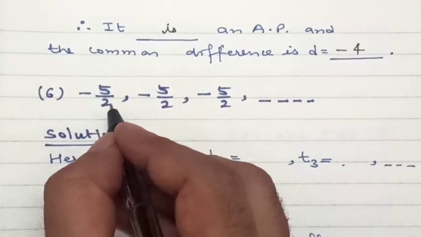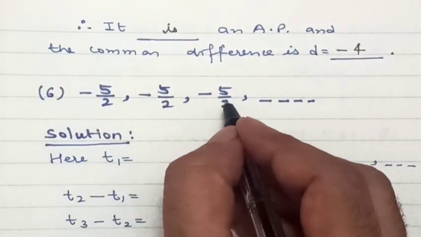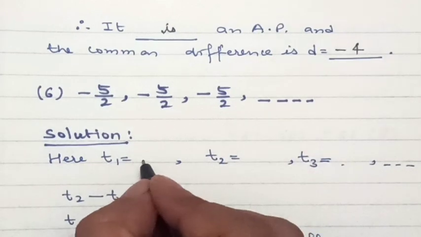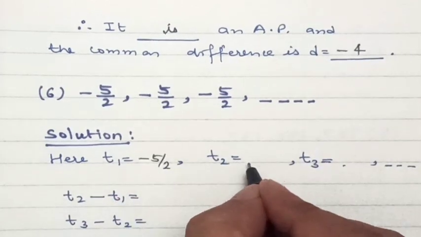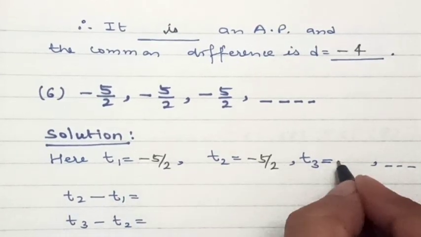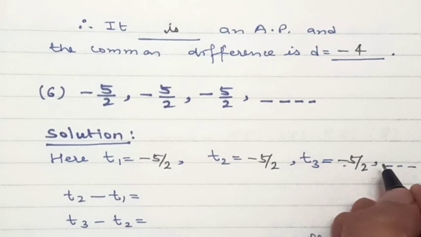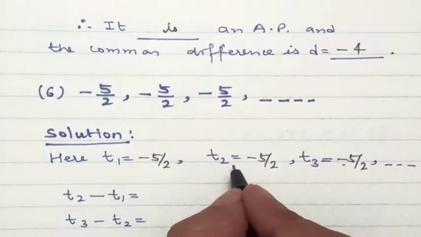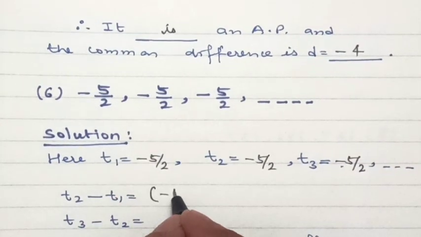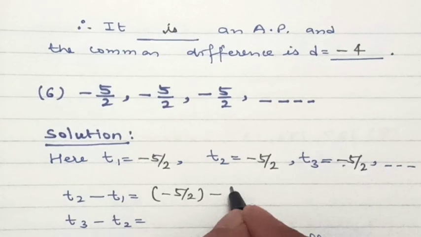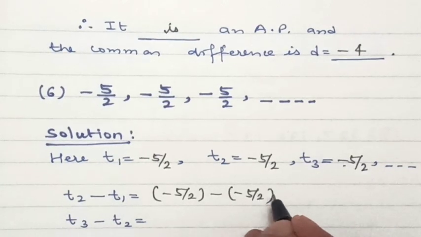Sixth question, minus 5 by 2, minus 5 by 2, minus 5 by 2 and so on. So your T1 is minus 5 by 2, T2 is minus 5 by 2, T3 is minus 5 by 2. Ultimately, I can say T4, T5, T6 all are minus 5 by 2. Find the differences. T2 minus T1, that is minus 5 by 2 minus 5 by 2.